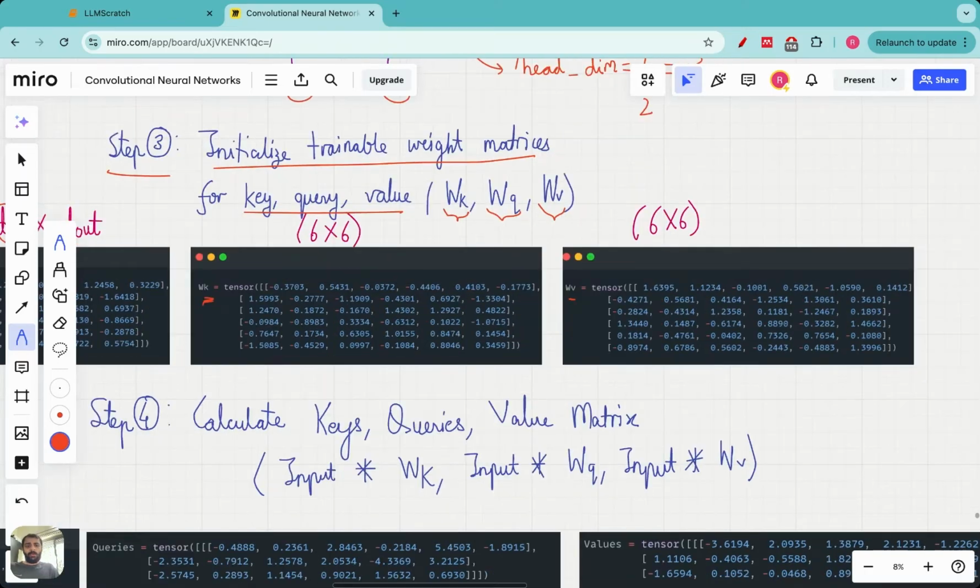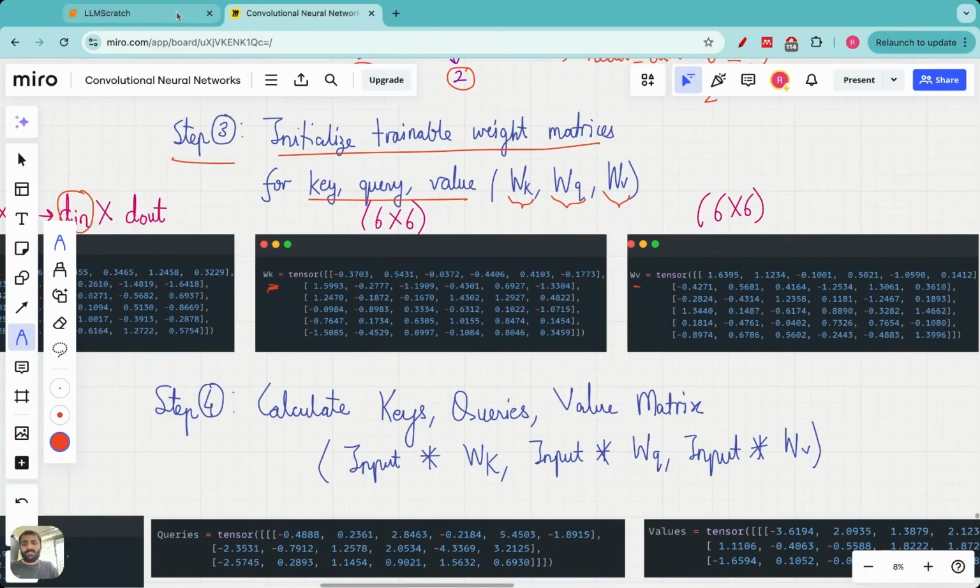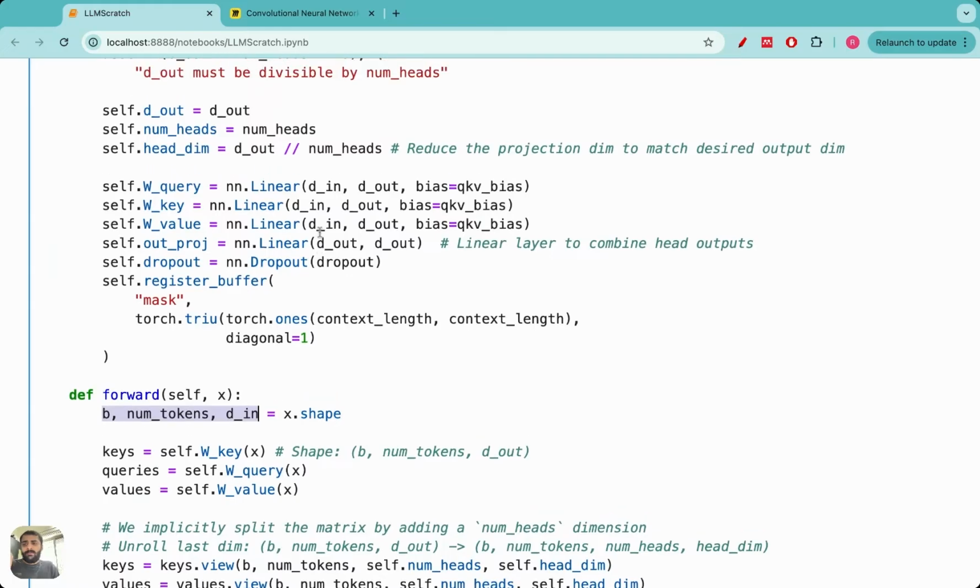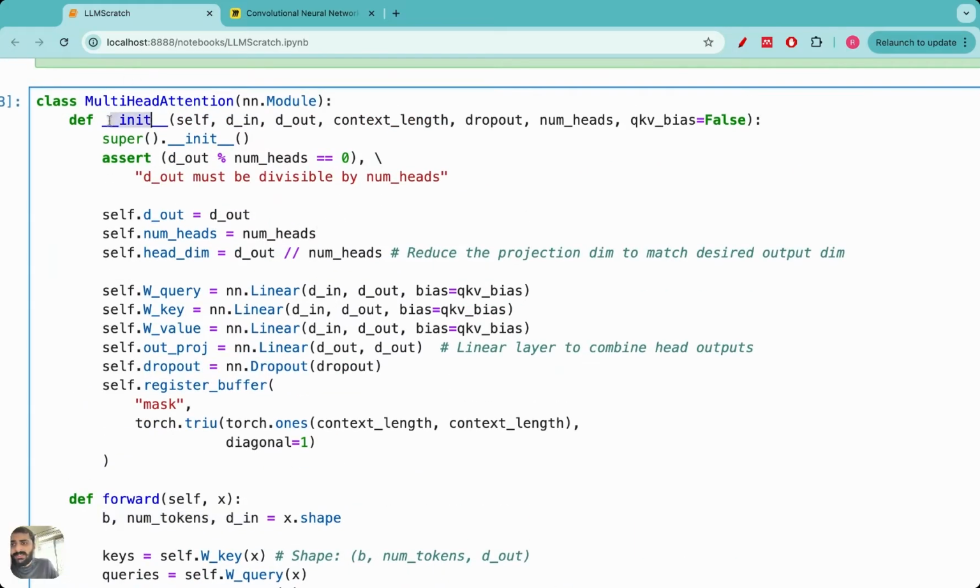Let me show you in code where these matrices are actually initialized. If you look at the code, these matrices are initialized in the init constructor. So W query, W key, and W value are trainable weight matrices. As you can see, the dimensions are d in comma d out, and we are using the linear layer of neural networks with the bias equal to 0 to set the initial values for these.